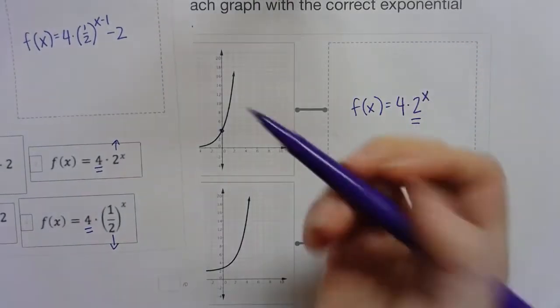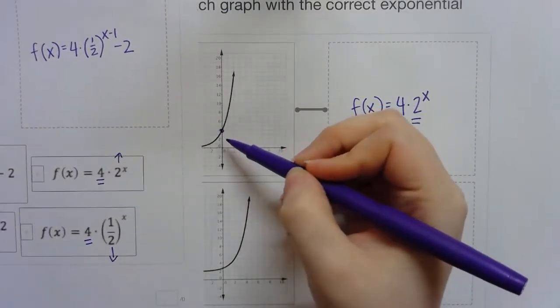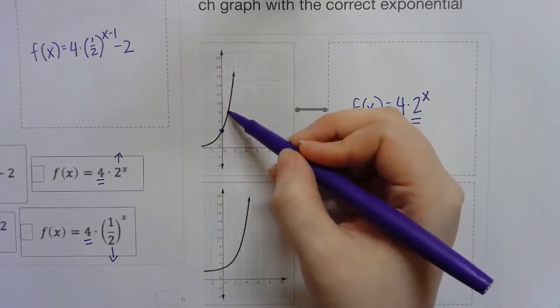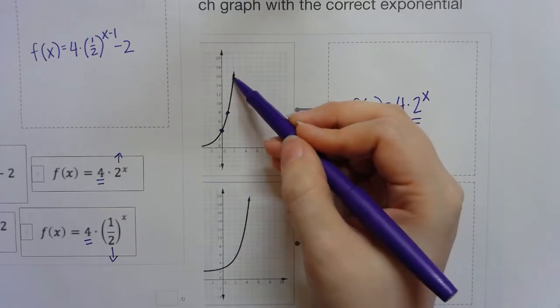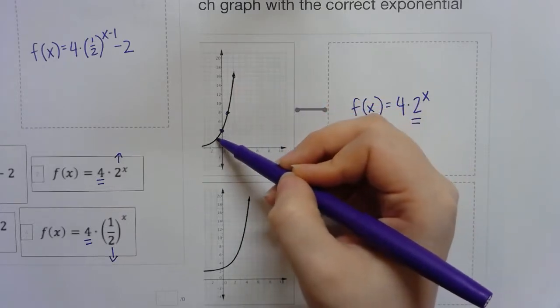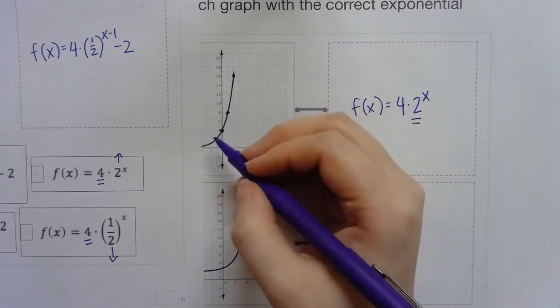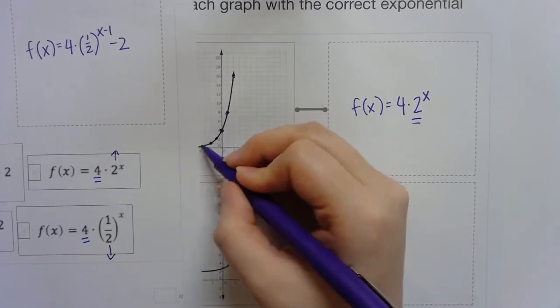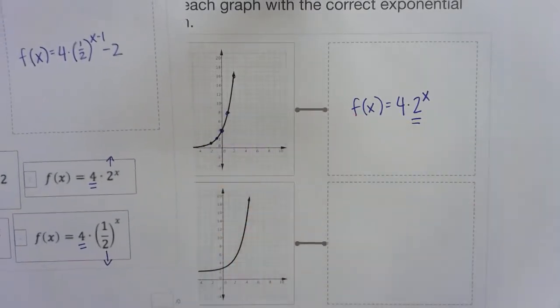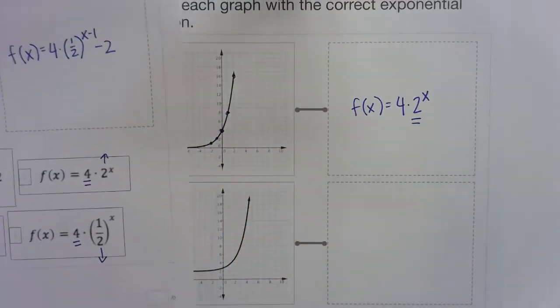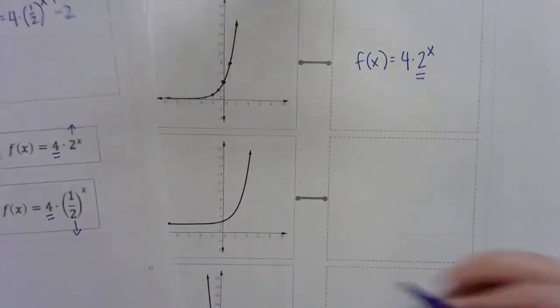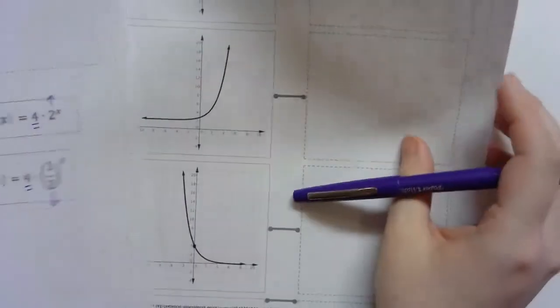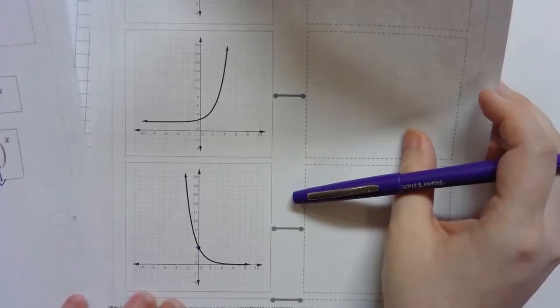it's going up, it's doubling. And you could check that by saying it's at 4, now it's at 8, now it's at 16. And then when I go this way, it's at 2, and then half of that is 1, and then 1/2, 1/4, and so on. Now this one, the other one that crosses at 4 down here, does the opposite.